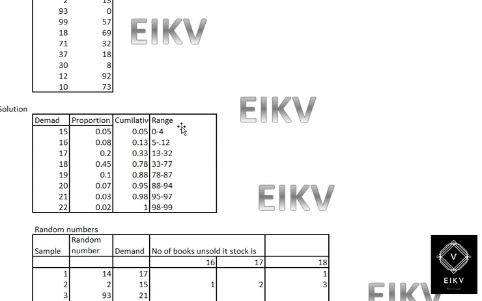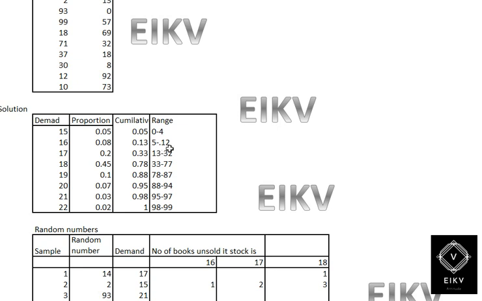Then we need to do the range. The range is nothing but the cumulative frequency minus 1 as the highest range. Starting from 0 to 4 is the first. The cumulative probability over here, highest is 5, therefore 5 minus 1 is equal to 4. The same way, the range for the second will be 5 to 12.